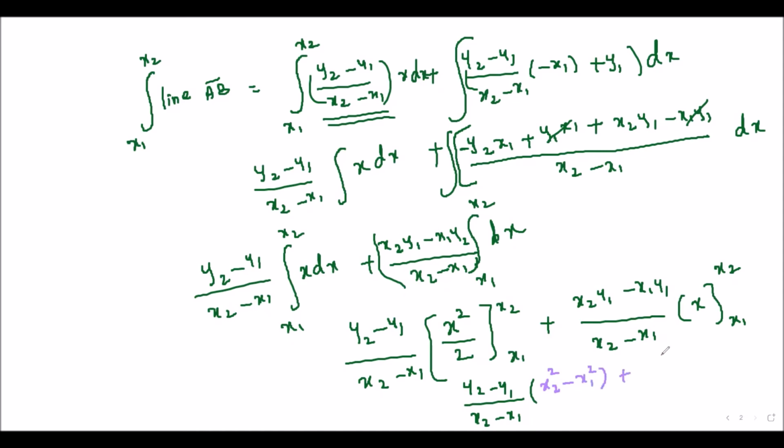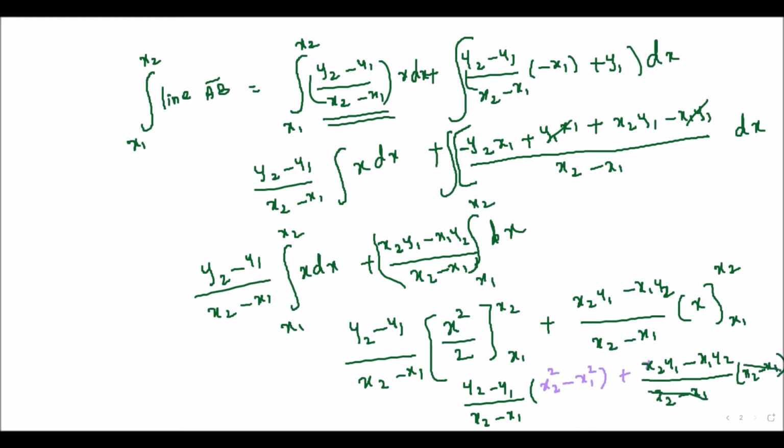And in this place I will have x2 y1. It's nothing but x2 y1 minus x1... I think I have made a mistake. Yeah, x1 y2. Be careful, children. x1 y2 divided by x2 minus x1, and applying the limits, x2 minus x1. Now let us see what terms will get cancelled.